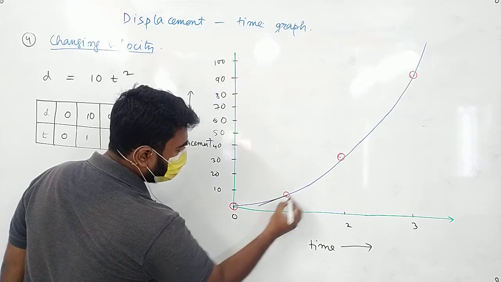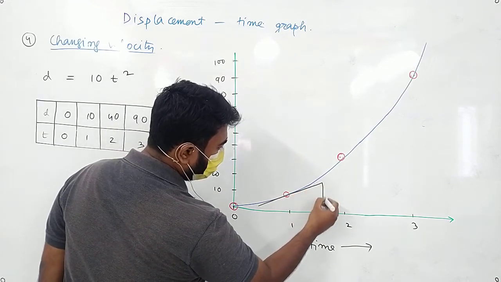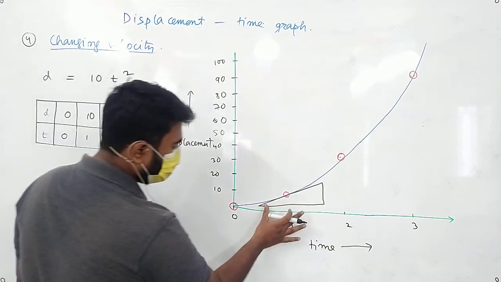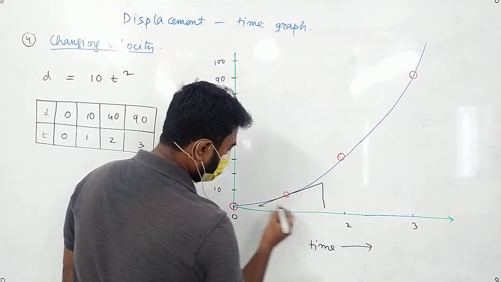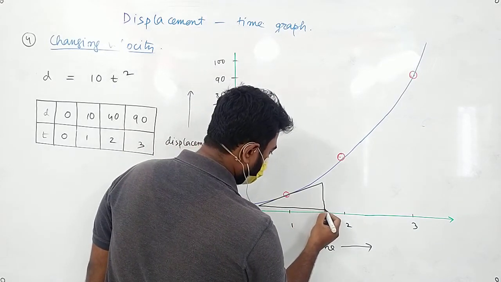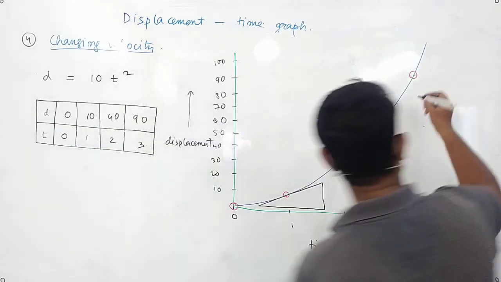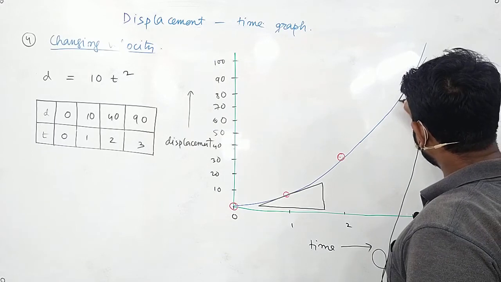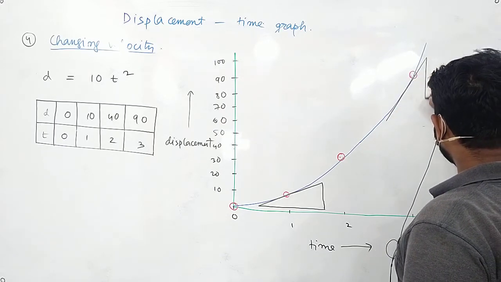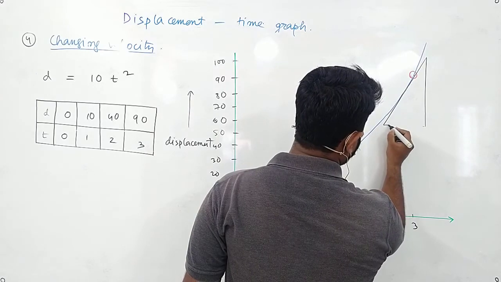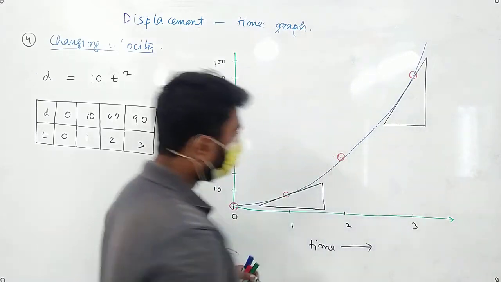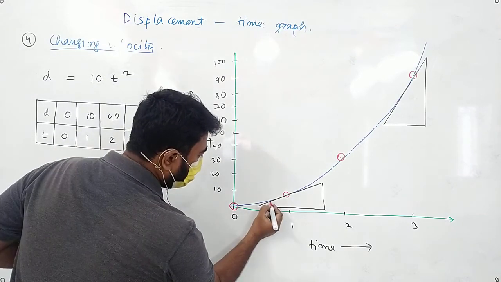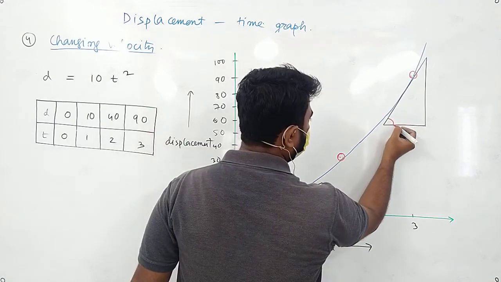If I draw two triangles, suppose I am drawing a triangle here. I am extending some portion. I am drawing a triangle here. Is it clear? And if I draw a triangle here, tell me one thing, which angle is more, this angle theta 1 or this angle theta 2?